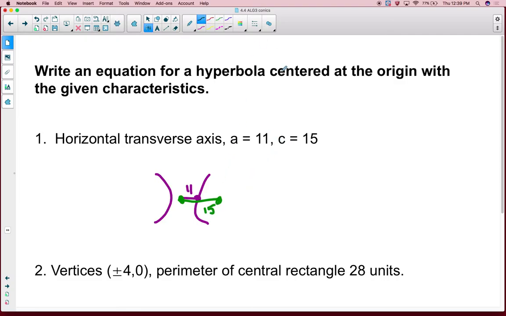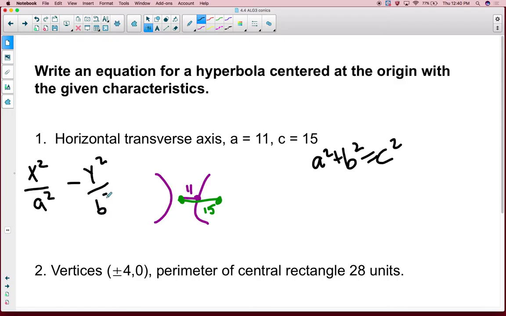Okay, so now we can actually use a squared plus b squared equals c squared to find what b is. Since it's a horizontal transverse axis, then we know x squared is first, so we go x squared over a squared minus y squared over b squared equals 1.